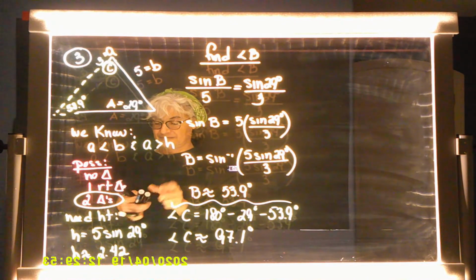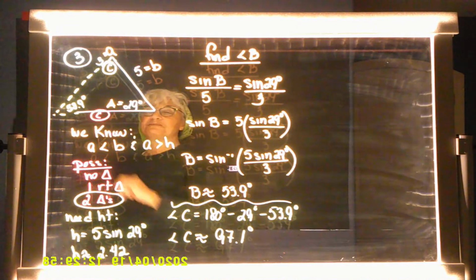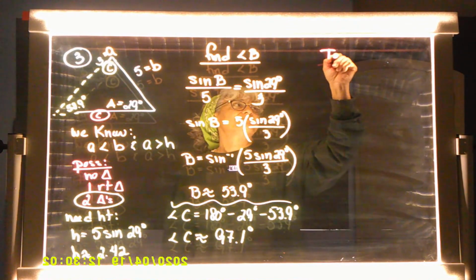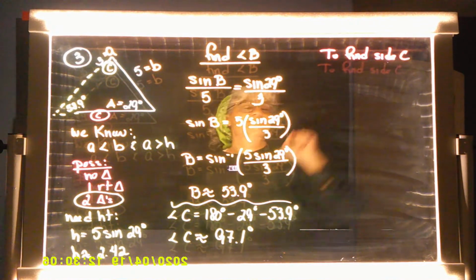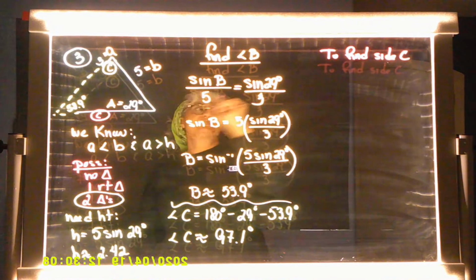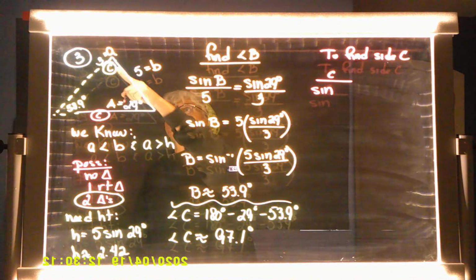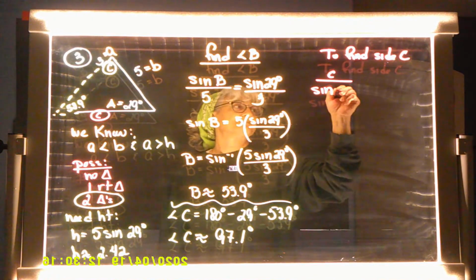So one more piece of information is side C. To find side C, I am going to take side C and divide it by the sine of the angle opposite it, which was 97.1 degrees.